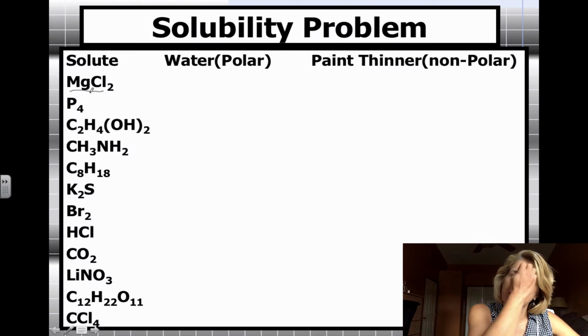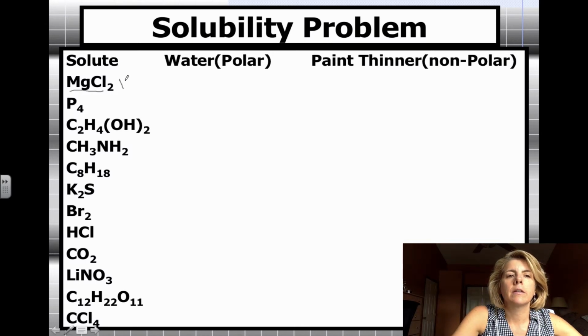That's a clue to tell you that this is ionic. So ionic compounds, if you had to guess, do they dissolve in water or paint thinner? Hopefully you said the polar water.